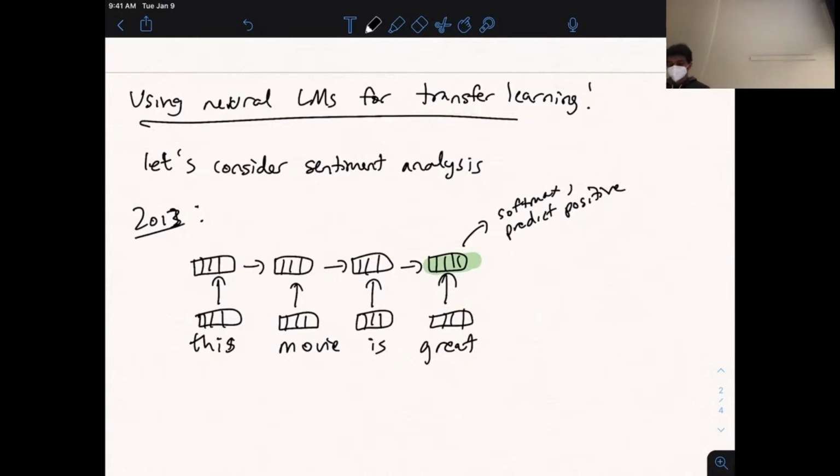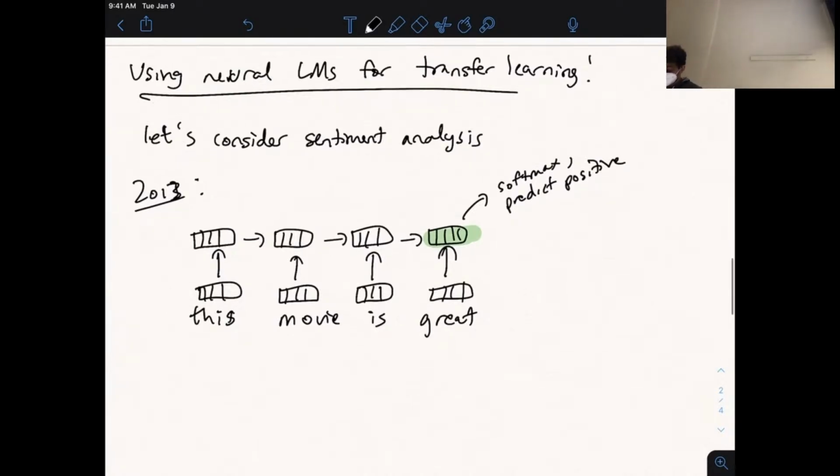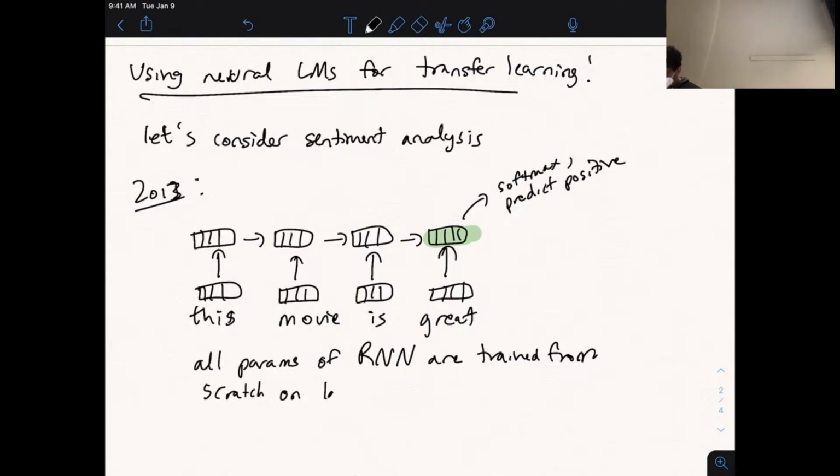The key idea here is that all the parameters of this RNN are trained from scratch on labeled sentiment data.